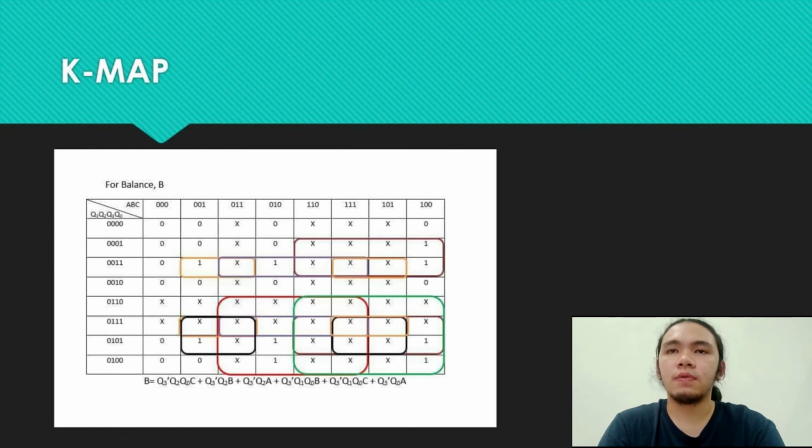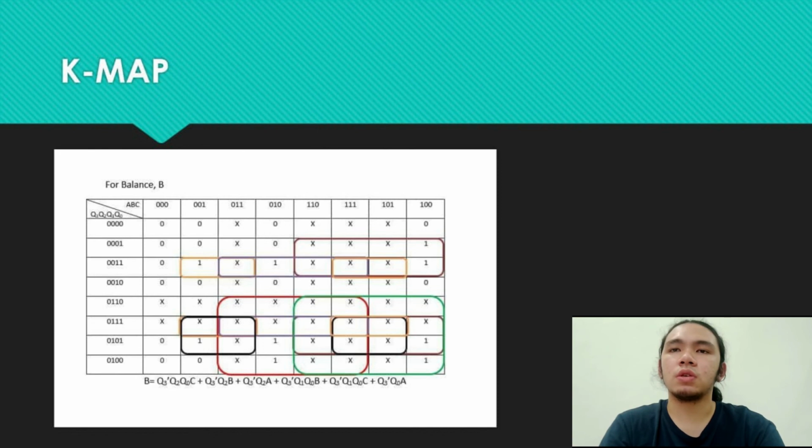Next, the equation for the black circle is Q3 bar Q2 Q0 C. The red circle is Q3 bar Q2 B. The green circle is Q3 bar Q2 A. The purple circle is Q3 bar Q1 Q0 B. The orange circle is Q3 bar Q1 Q0 C. And the brown circle equation is Q3 bar Q0 A.